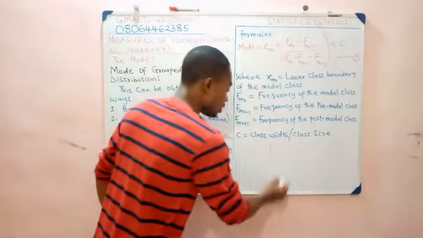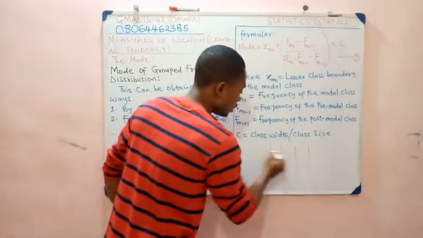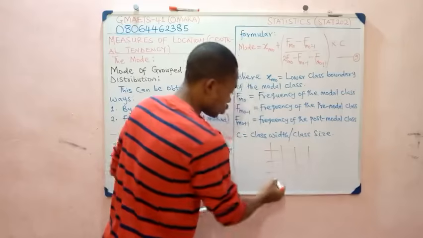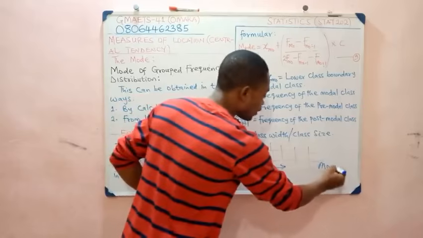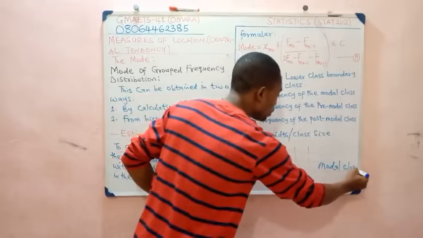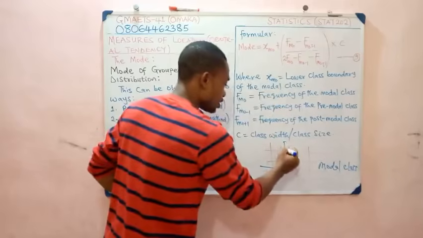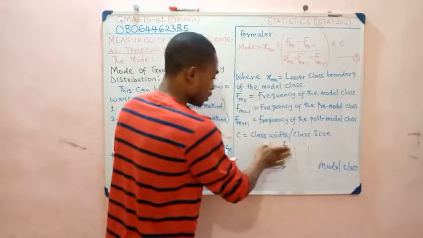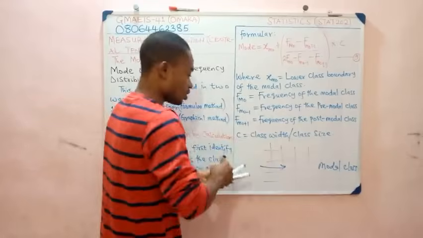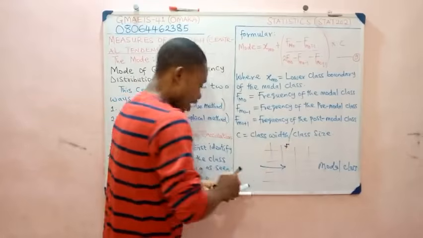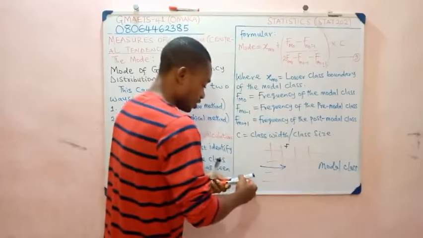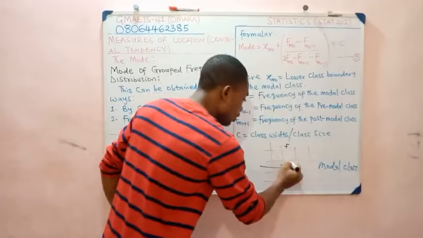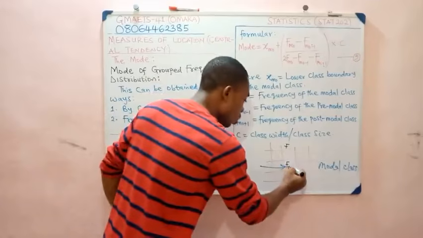Just imagine that this is your table. You have your table this way, and then you were able to identify this to be the modal class. For example, let's say this is the modal class, and let's take this to be our frequency. Having identified this row as the modal class, it means that this is going to be the frequency of the modal class, f mo.